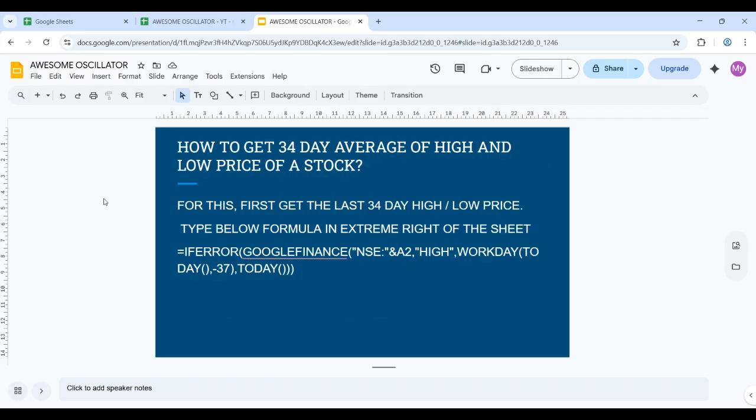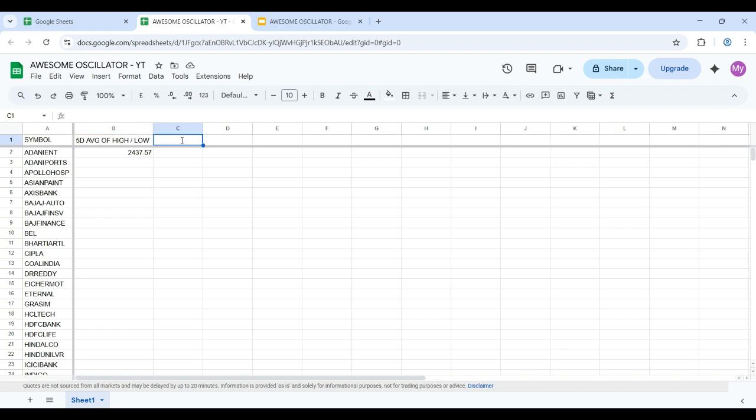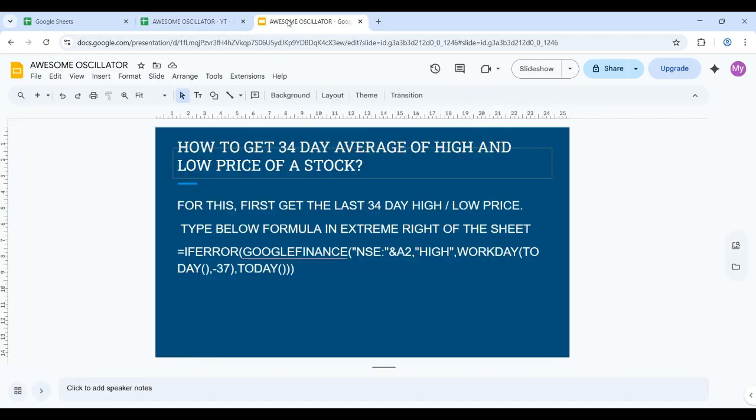Now column C. Here I write for column C, 34-day average of high and low. So how do you get 34-day average of high and low price of a stock? For this, first we need to get the last 34 days. Okay.